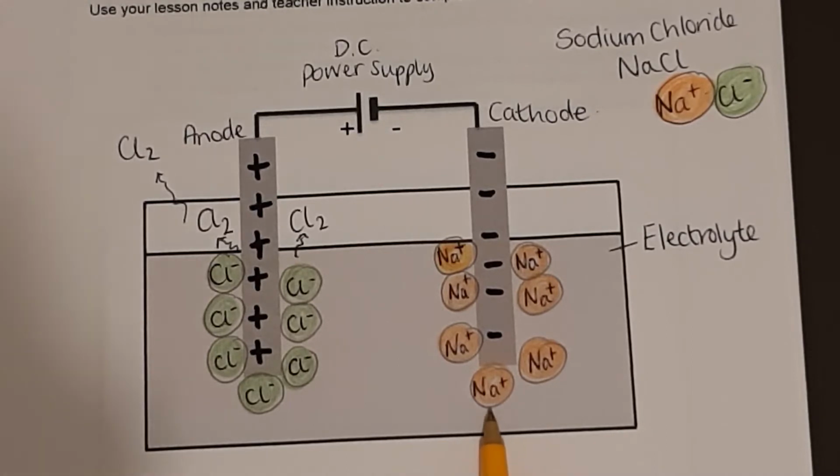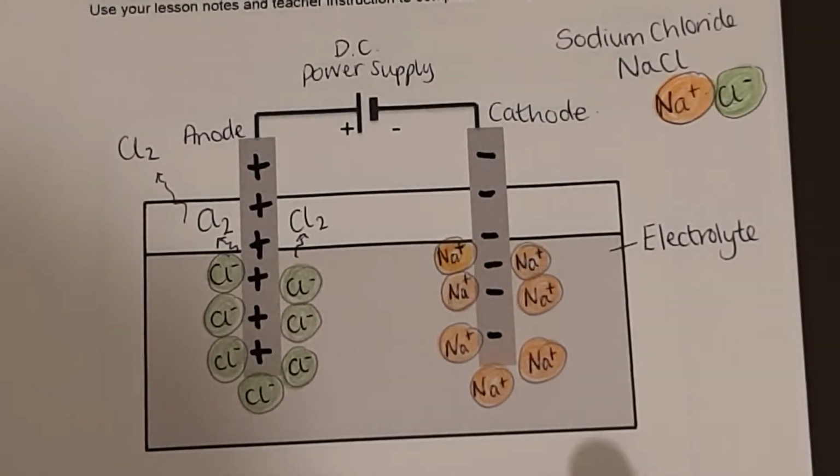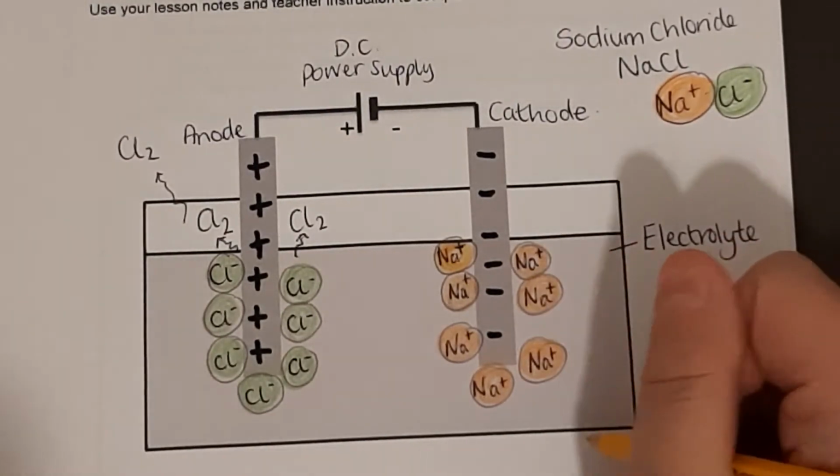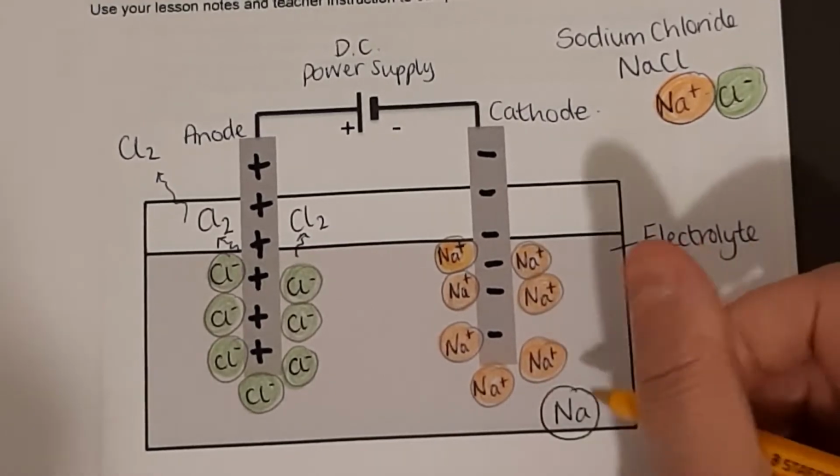Now, sodium. The sodium is going to turn into sodium metal, and it's going to be attached to this cathode. What happens at the sodium end is we get solid sodium forming, so just Na, and it's no longer charged.